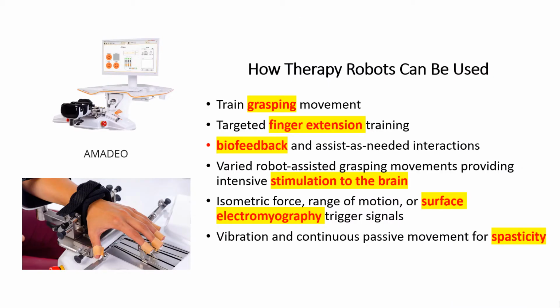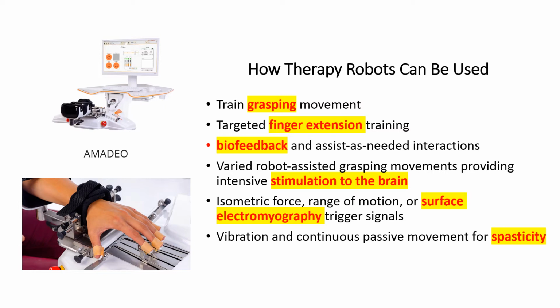So how can therapy robots be used in the clinical environment, especially in the upper limb, the end organ of which is basically the hand? The whole function of the upper limb is to put the hand in the appropriate position to perform a motor task. The grasping movement is the end effect that we are looking for, and the robots can help in placing the limb in that position.